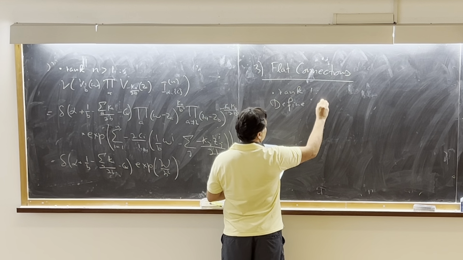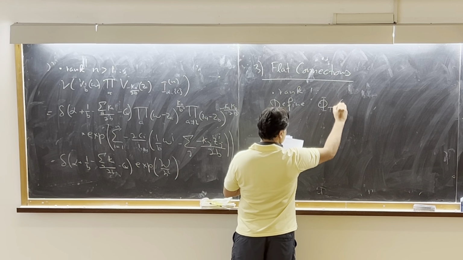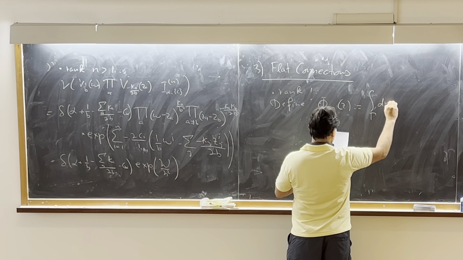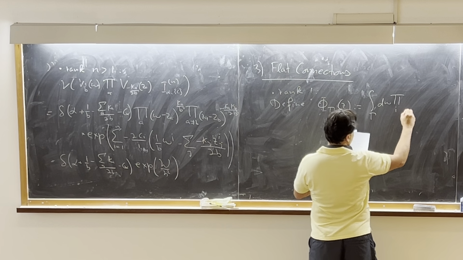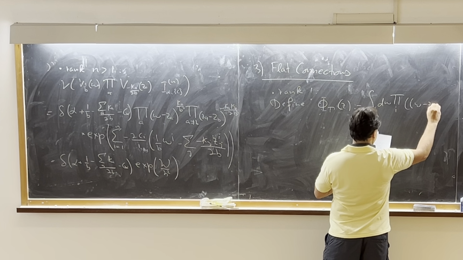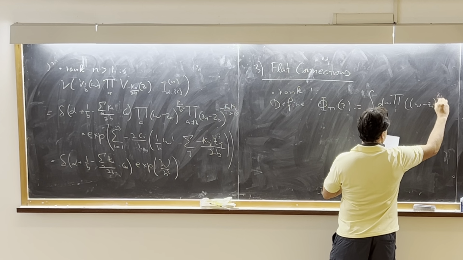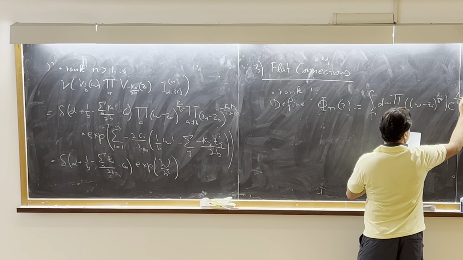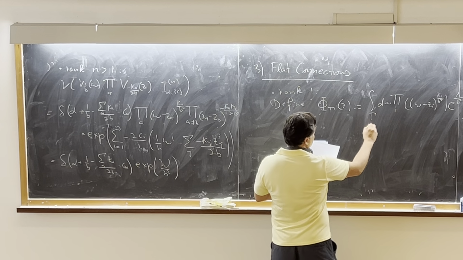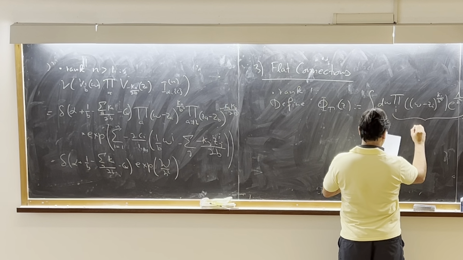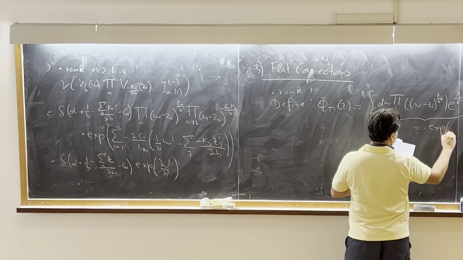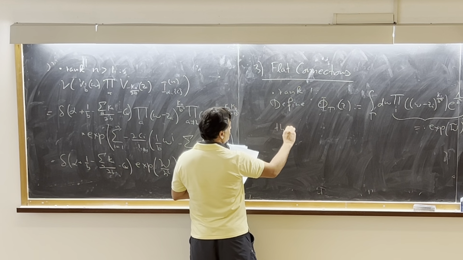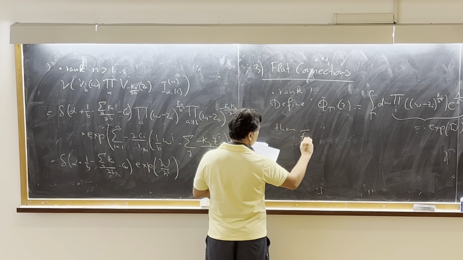So we're going to define a function phi gamma of z to be the integral over gamma dW, product over i of (W minus zi) to the ki over b squared, and e to the lambda over b squared W. And this whole thing I'm going to denote as the exponential of some W tilde, because I have stripped off the purely z-dependent part from this conformal block.